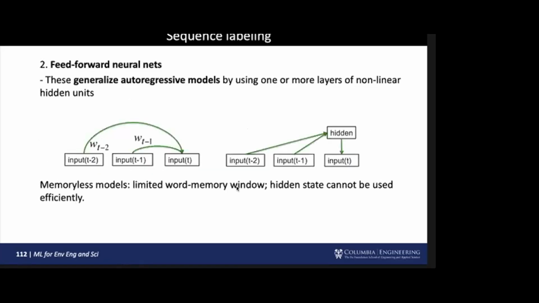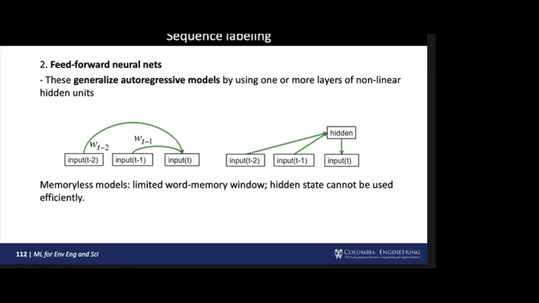Now, another way to handle sequences is using feed-forward neural networks. These are basically a more advanced version of the autoregressive models we just saw, but they use nonlinear hidden layers to process the data. You have a hidden layer here, and you want to use this hidden layer to represent the sequence information. However, these are still memoryless models.